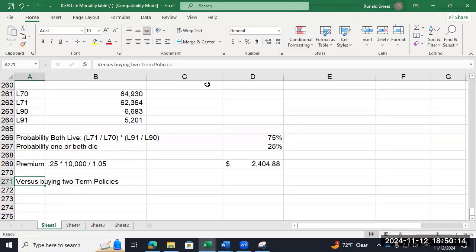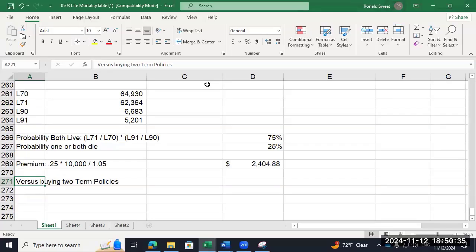If the wife dies, they get 10,000 bucks, whether it's a joint policy or two term policies. If the husband dies, they get $10,000 either way. What happens if they both die, though? Their estate would get what? With a joint life, the estate gets 10,000.